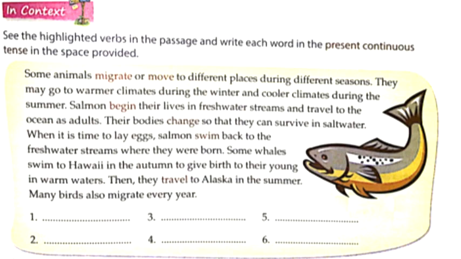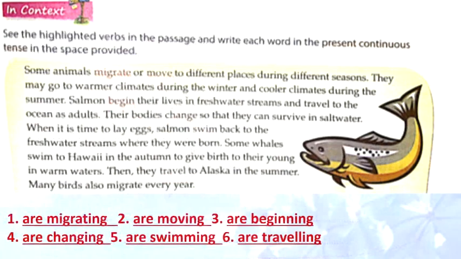Let us check the answers. So we have number 1 answer, are migrating. Why is it are? Because the sentence is some animals migrate. The subject is animals and animals are plural.